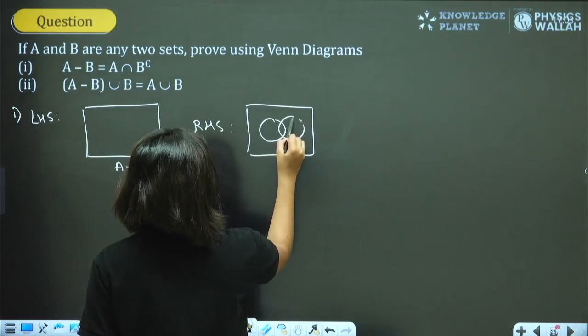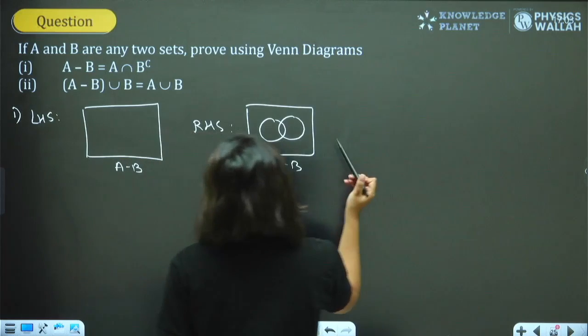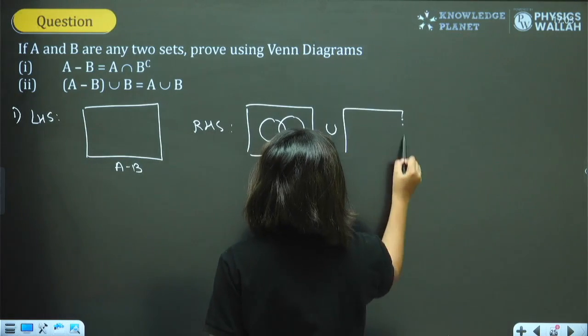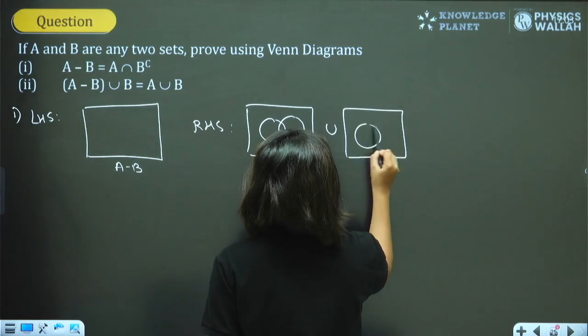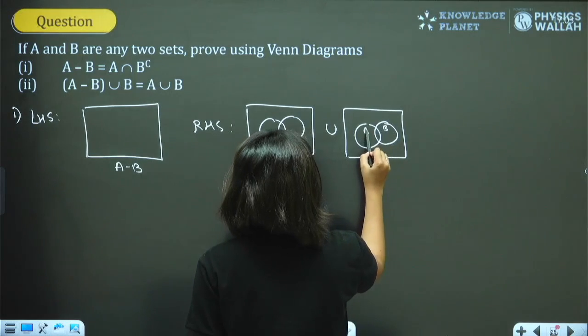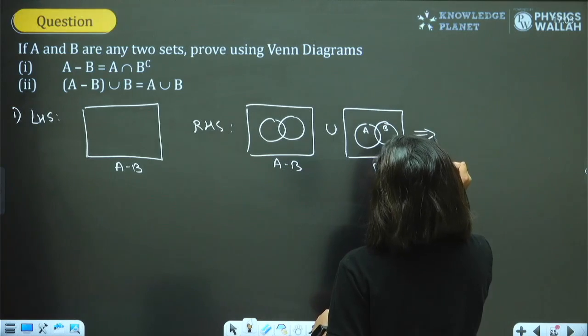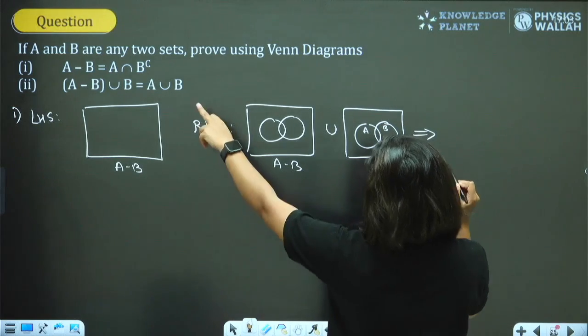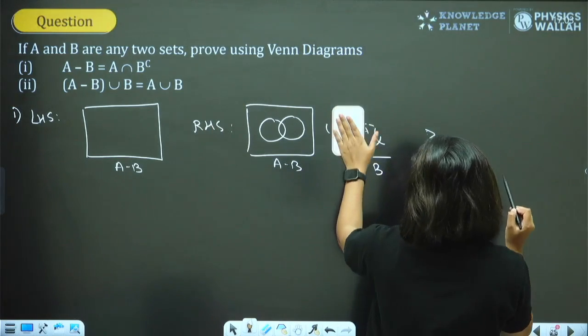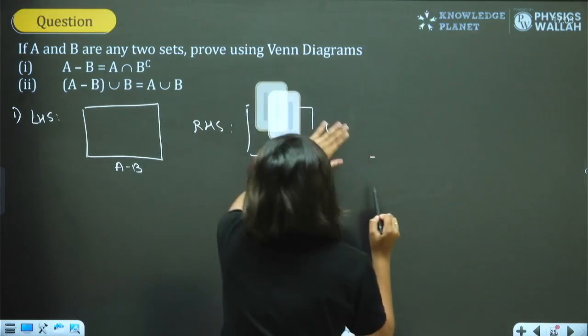First A minus B. Then we take its union with another circle B. And we get the final RHS, which is A intersection B complement.